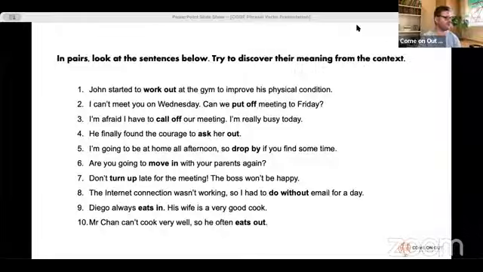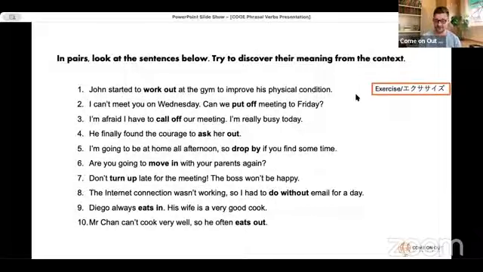Okay, so work out means to exercise, to do physical exercise. So instead of saying you want to go to the gym and do some exercise, you can say, I want to go work out at the gym.